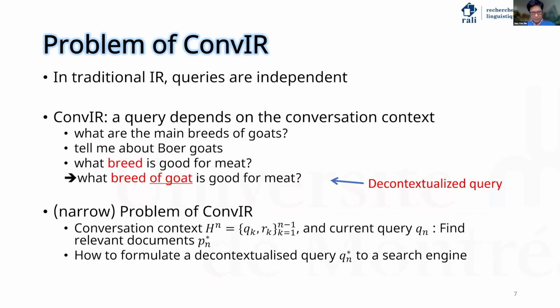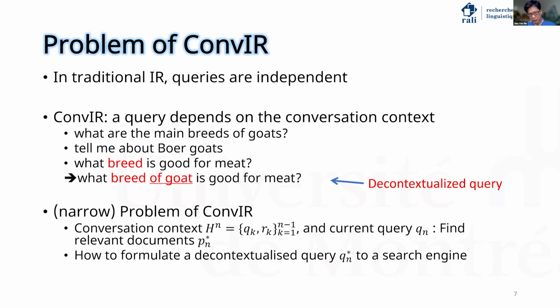Now you can say, well, what is the problem of conversational IR? So we have this traditional IR interface where we have independent queries. Now we have this example of conversational IR where we want to complete the last query by adding the missing concept, the missing entity goat, into the query.